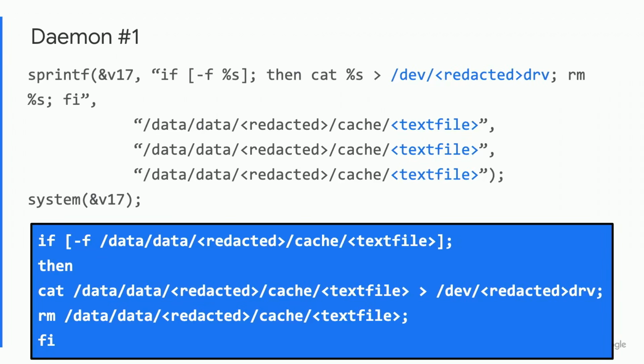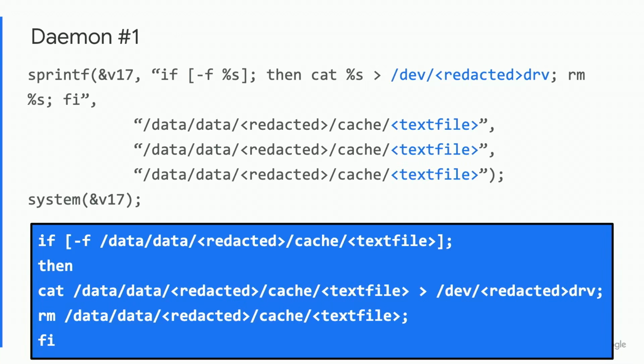Then this daemon goes into the app's directory and reads that text file. So what we see at the top is the actual code in the native daemon, and at the bottom is the bash command that it actually generated. So what they're saying is, once this text file exists, then cat its contents directly into this kernel character device, then remove the file.